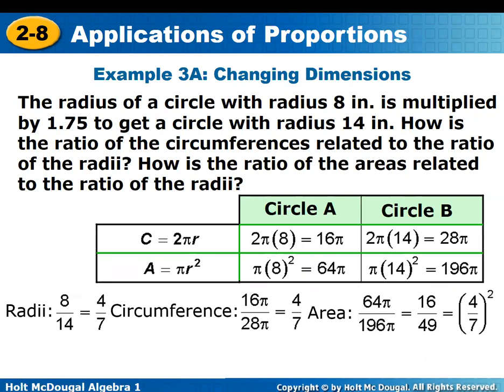I can write 16 over 49 as a square, right? What is the square root of 16? 4. What is the square root of 49? 7. So I can express this one as 4 over 7 all to the power of 2.